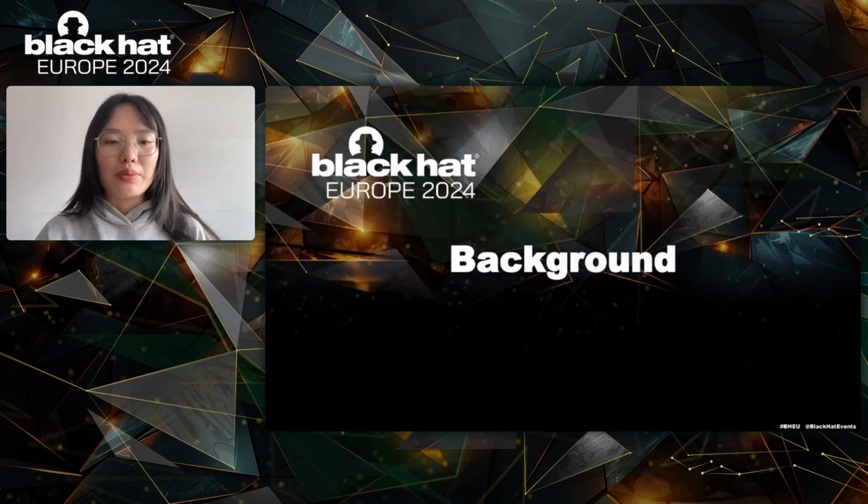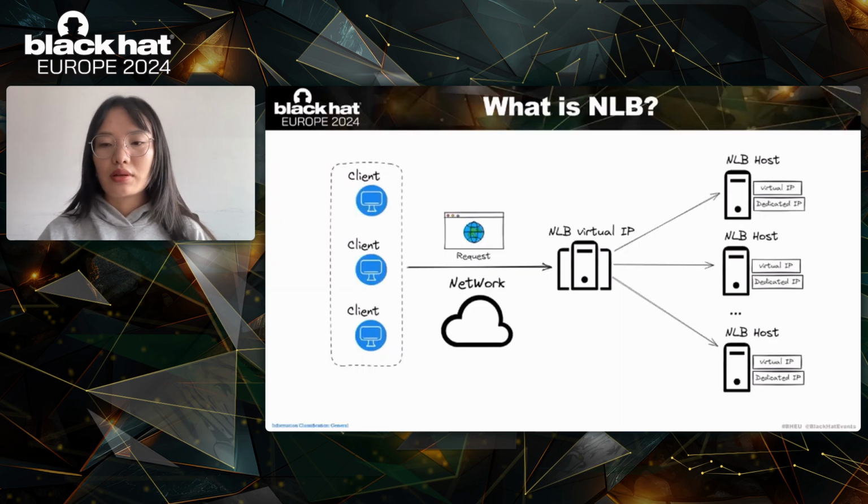So, what is NLB? As shown in this diagram, NLB is a technique used to distribute incoming network traffic across multiple servers. When a client sends a request, it first arrives at the NLB virtual IP. This virtual IP is a single point for clients.